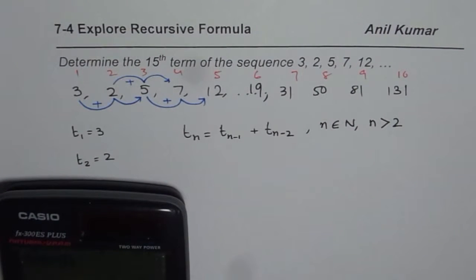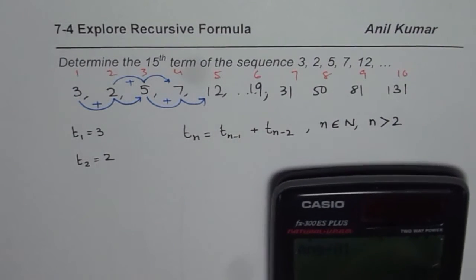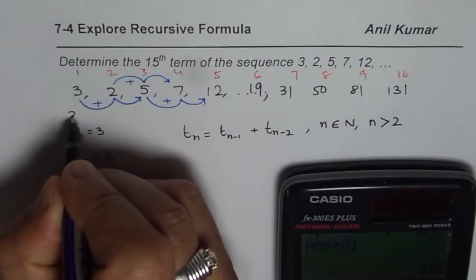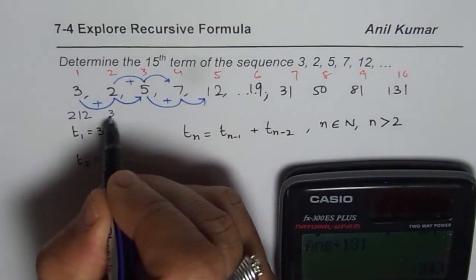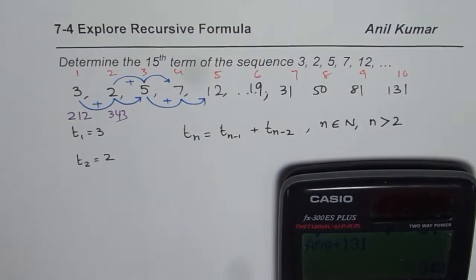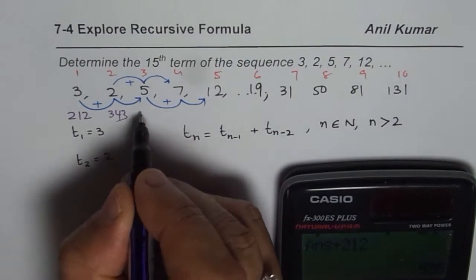Let me change the ink now so that it doesn't mix up with the numbers written there. So we get 212. Okay, so that is the 11th term, right? Now let's add 131 to this, 343. Okay, and let's add 212, 555.